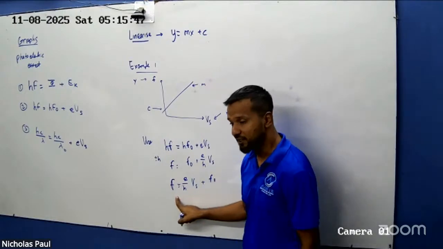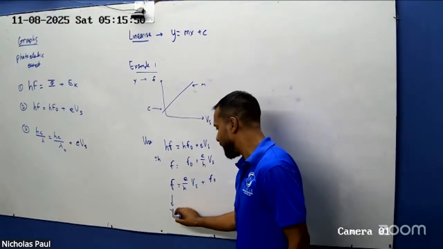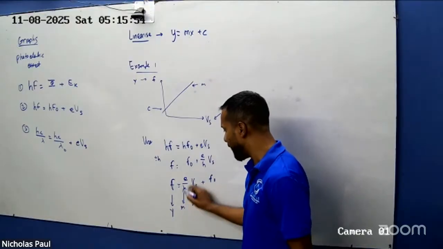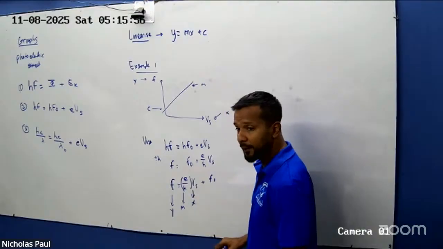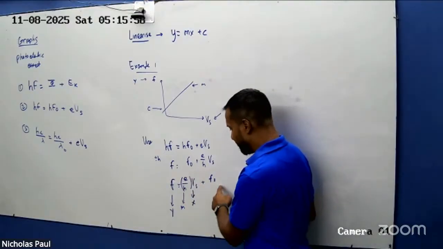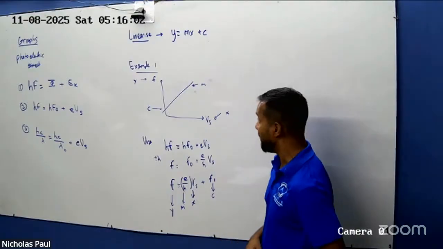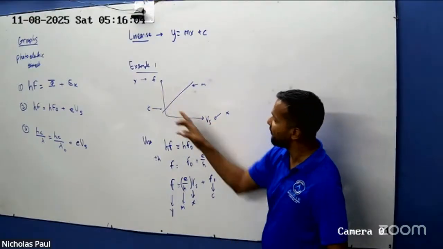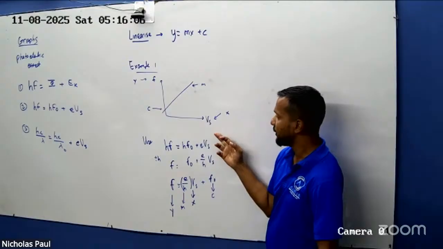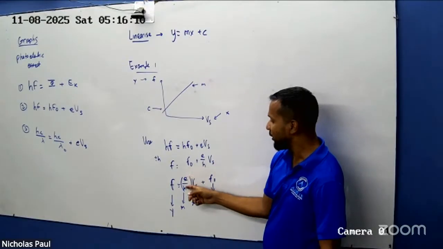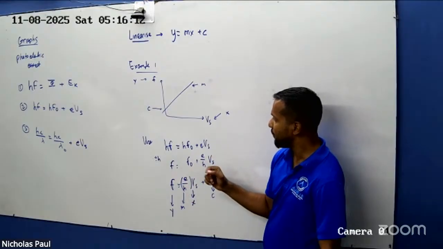This is the quantity on the y. This is the quantity on the x. This whole thing here is your gradient, and this is your y-intercept. So if the question is f versus stop potential, your gradient is e on h and your y-intercept is f naught.